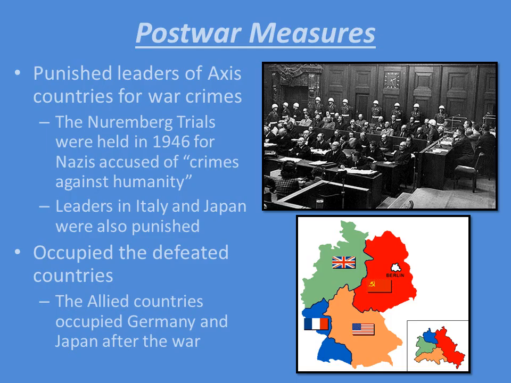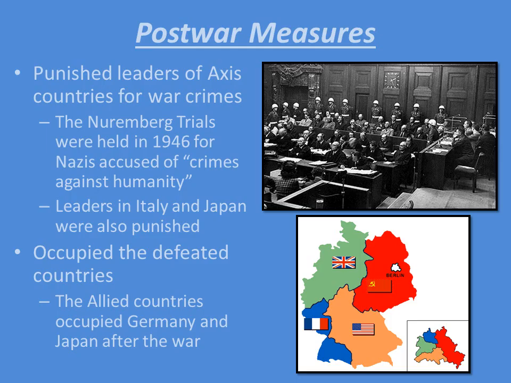The most notable instance of that would be the Nuremberg trials, which were held starting in late 1945 and lasted about a year until late 1946, where 170 some odd Nazis and high-ranking German officials were put on trial for what the Allies called crimes against humanity, mostly relating to the Holocaust, but also for poor treatment of prisoners of war and civilians that had been murdered over the course of World War II in Europe.